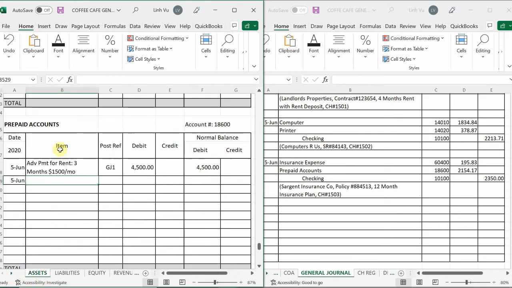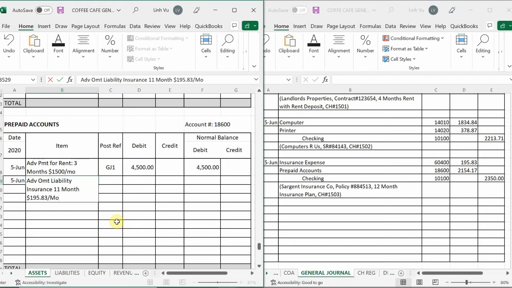Okay, then we're going to go to my prepaid accounts. We're going to identify that we had advance payment for a liability insurance, 11 months at $195.83 per month.